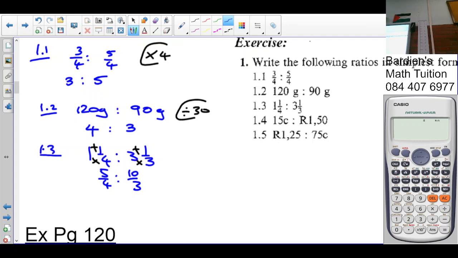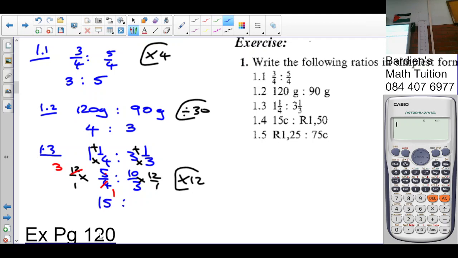So I multiply throughout by 12. I multiply this by 12 over 1, and then this by 12 over 1. So 4 goes into 4 once, 4 goes into 12, 3 times. So it's 3 times 5. What's 3 times 5? 15, and 1 times 1 is 1. So it's going to be 15 over 1, which is 15.